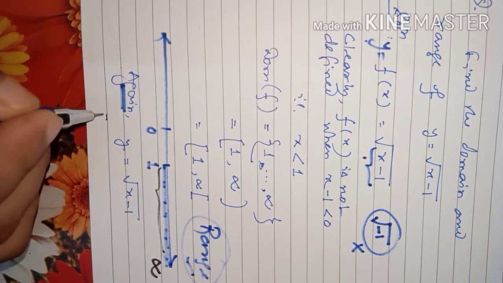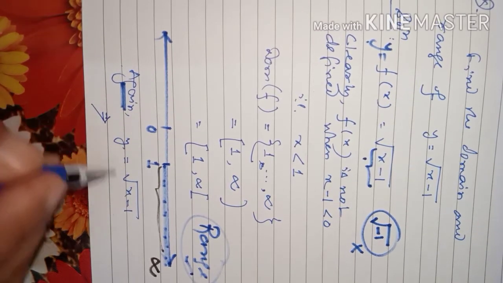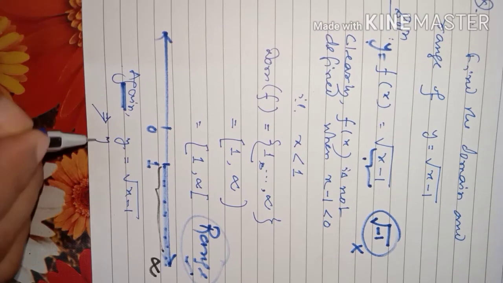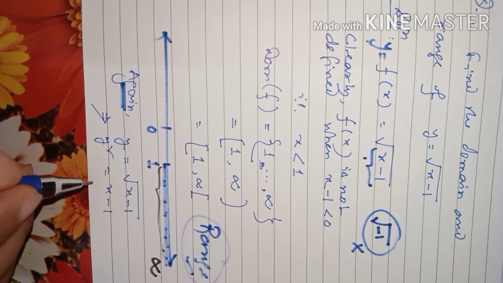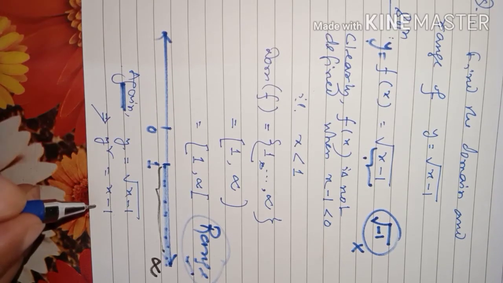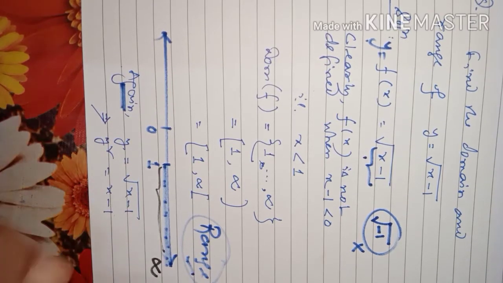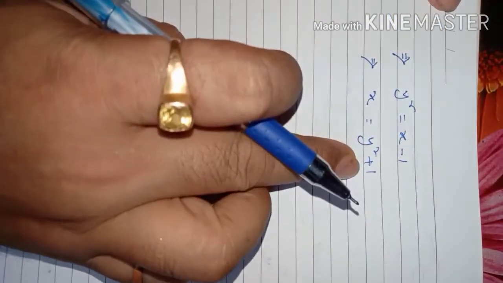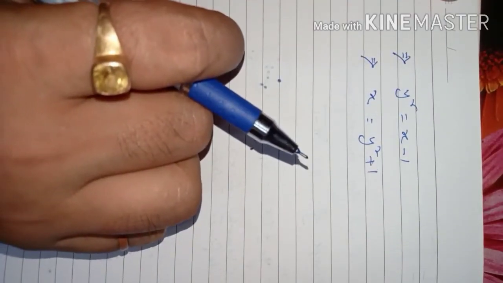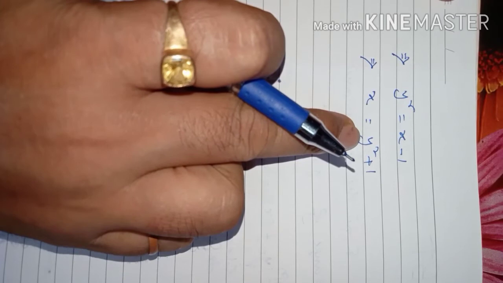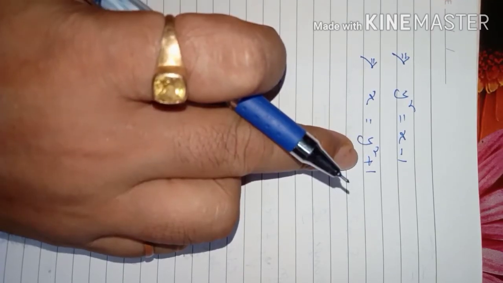That means you have to simplify a little, squaring both sides to remove the square root sign. It will be y square is equal to x minus 1. Then x will be equal to y square plus 1. I am writing on that page, okay? So x equals y square plus 1. Now you see here, for every real number y, x is also real.